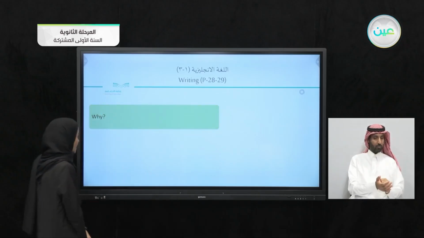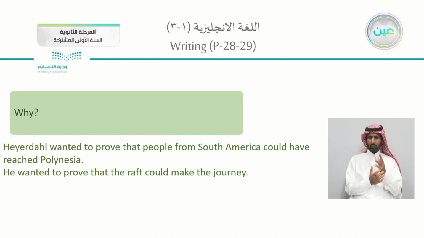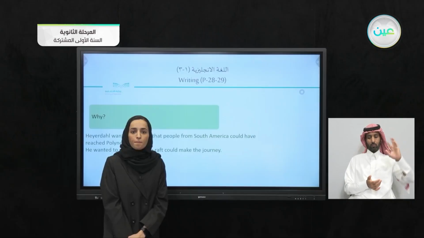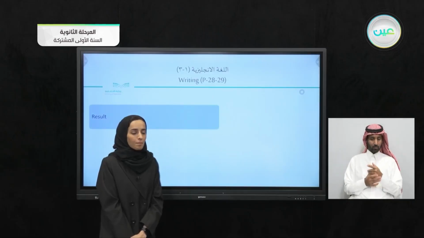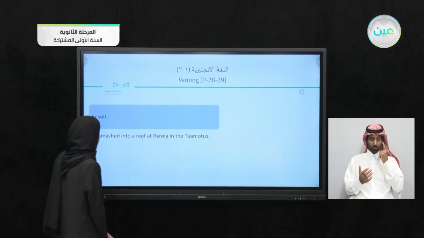For the why, I came up with: Heyerdahl wanted to prove that people from South America could have reached Polynesia. He wanted to prove that the raft could make the journey. So this is the why. How about the result? By the very end, he came up with the results.